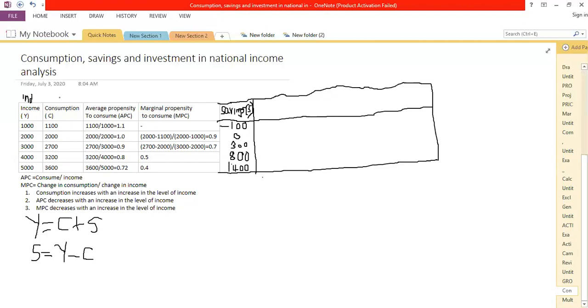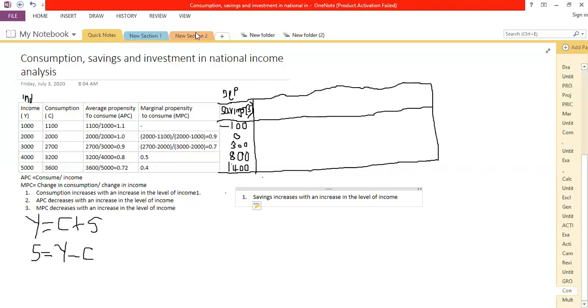Savings depend on the level of the income, so they become our dependent variable. And we can note here, point number 1, that savings increase with an increase in the level of income in a country.